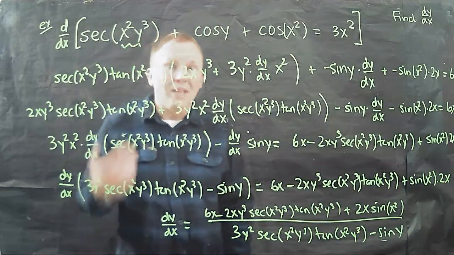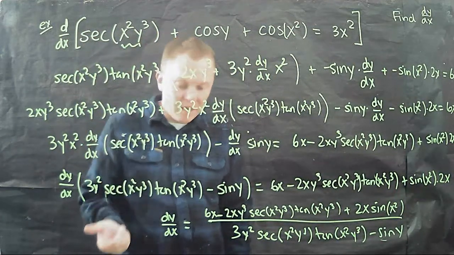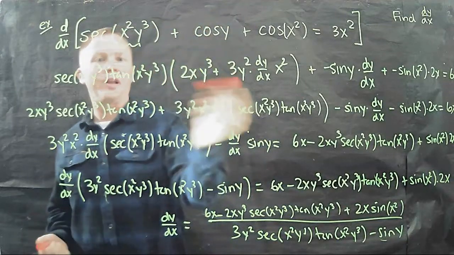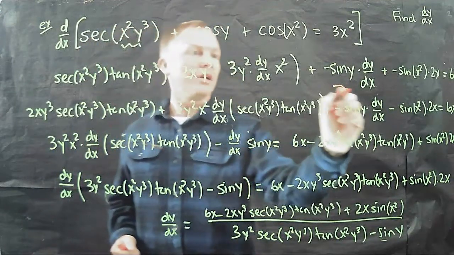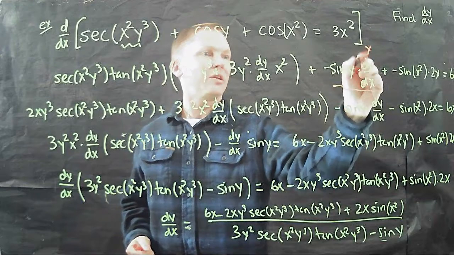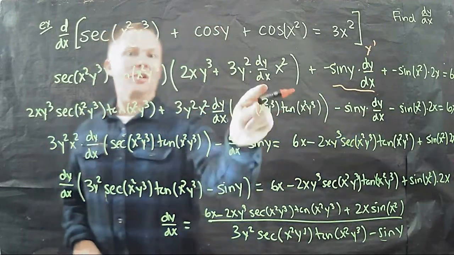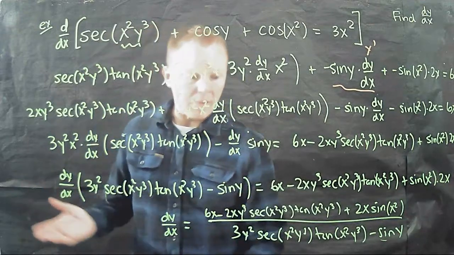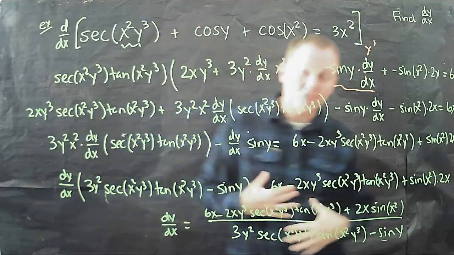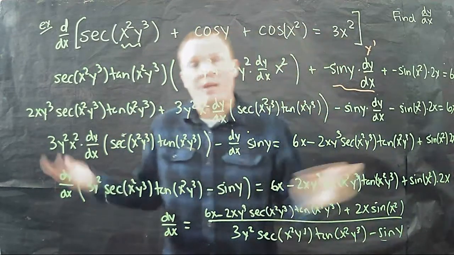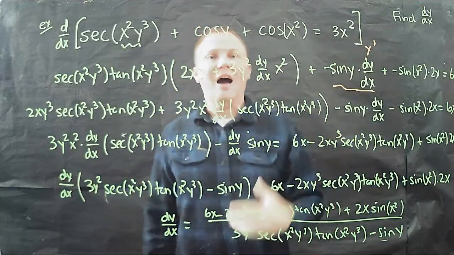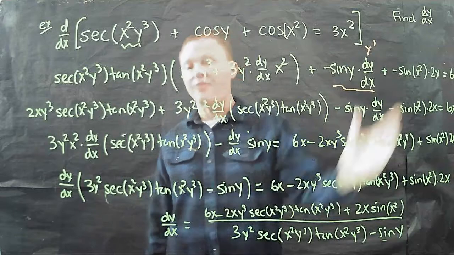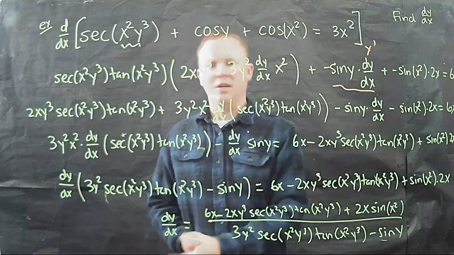Some folks, instead of using dy dx because they're lazy, will put times y prime. They'll use y prime everywhere they'd use dy dx, and then solve for y prime. I don't think our book teaches that method. I actually started off my journey in calculus using y prime, and then I've since converted back to dy dx.